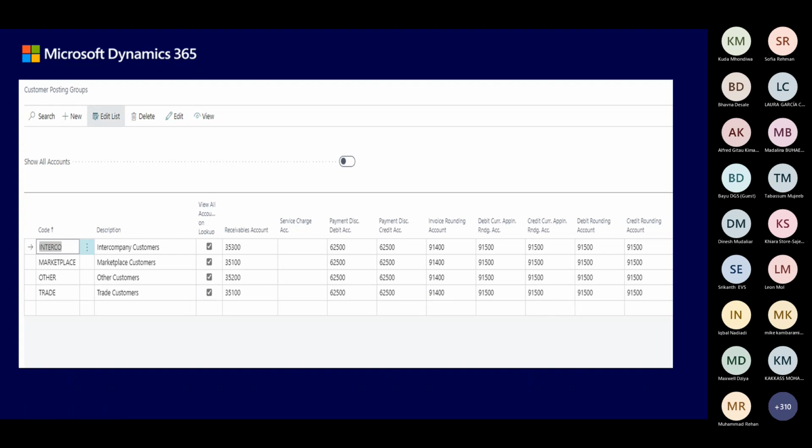And the great thing is you can categorize your customers to death with the customer posting groups, but you can give different debtors a different GL account, the same account, or a combination. As you can see, I've created a category for marketplace and trade with the same accounts, but for my intercompany and other, I've put a different accounts receivable account.